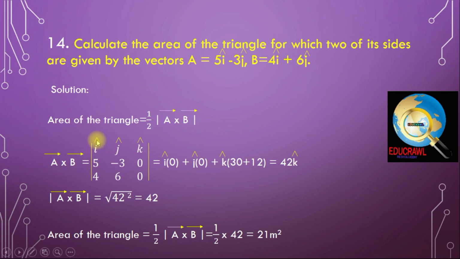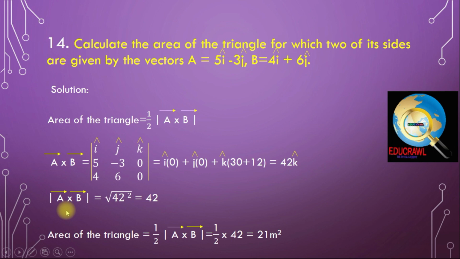If you are taking i cap, we have to find which row and column i cap is present in, hide it, and do the remaining multiplication. When you do that, you will get i cap into 0 plus j cap into 0 plus k cap into 30 plus 12. The first two terms will be 0 and finally you will get 42 k cap. This is A cross B.